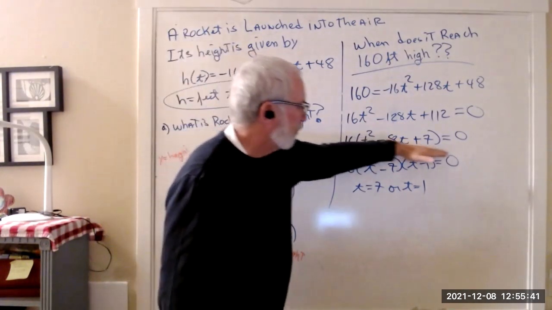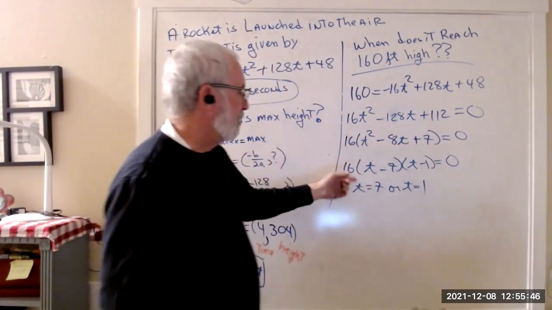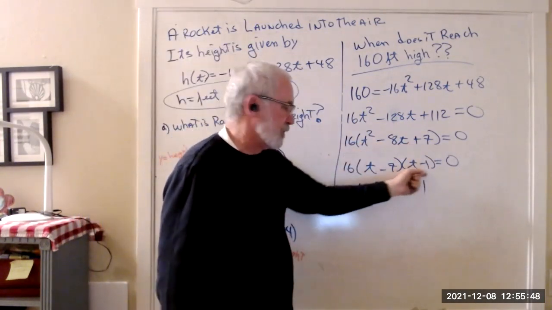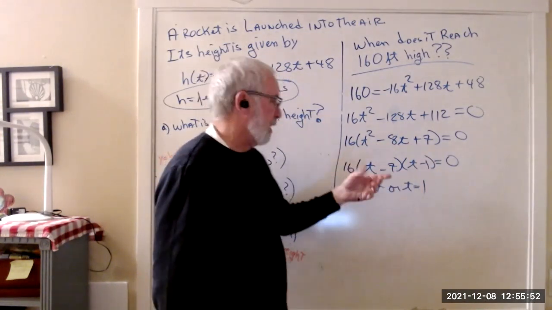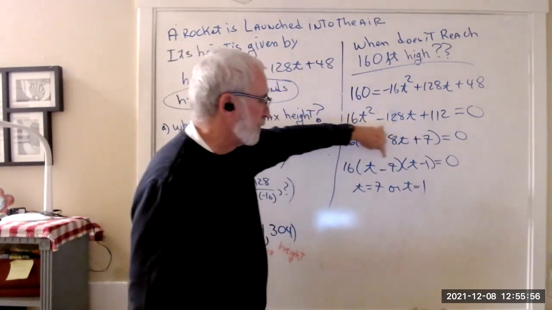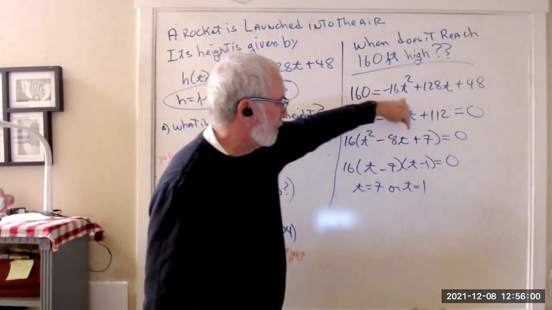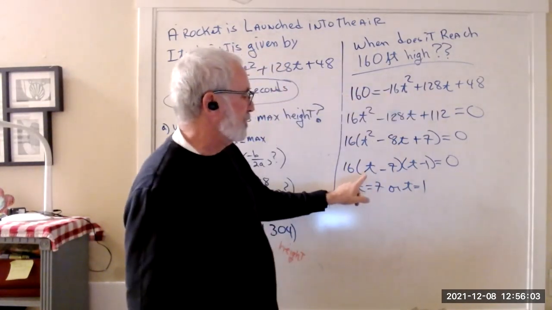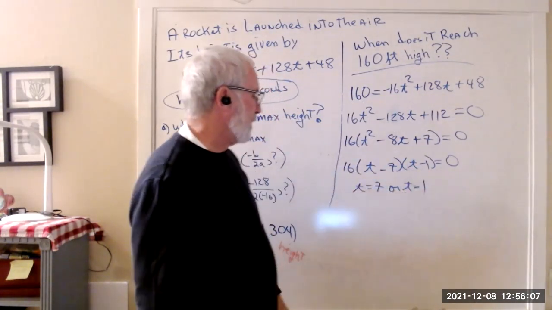Then I factored this trinomial. It was easy factoring, use the AC. I did it quickly in my head, but you might have to go to scratch paper. t squared minus 8t plus 7 factors into t minus 7, t minus 1. Solve it, we get these 2 answers.